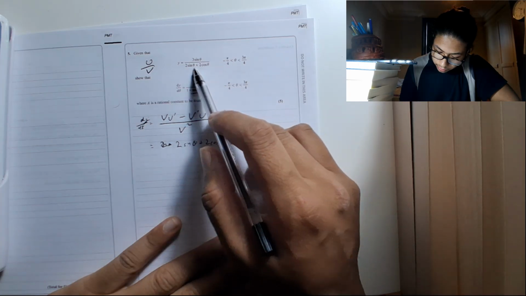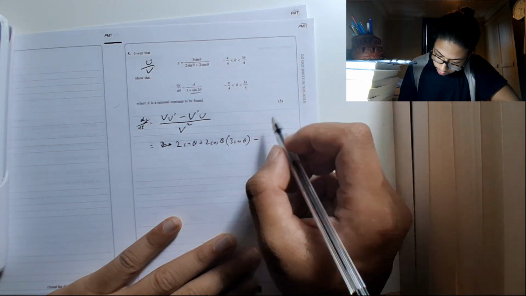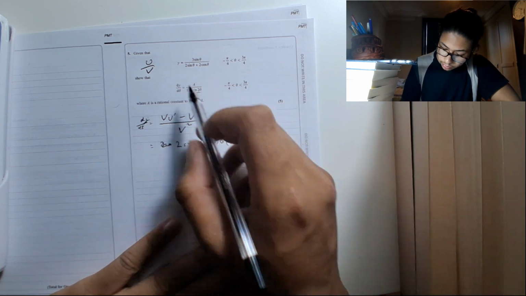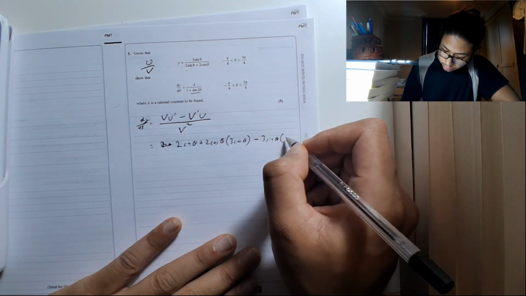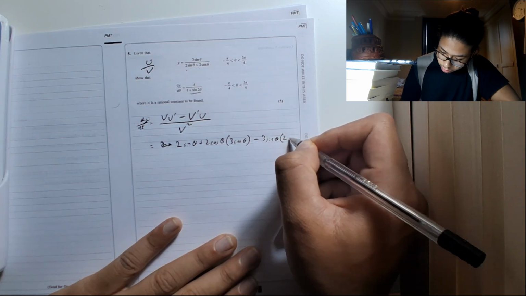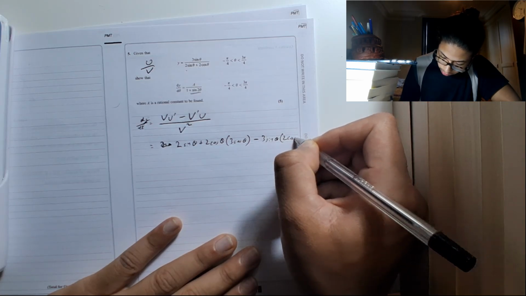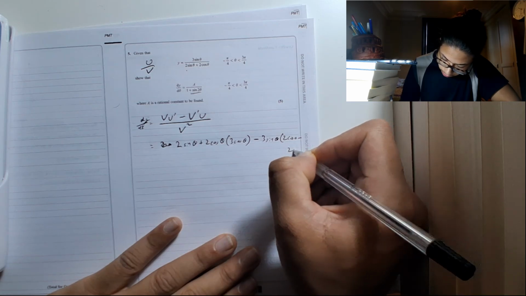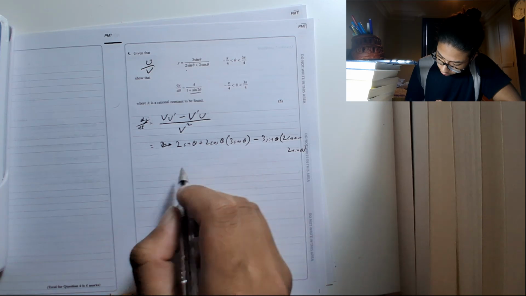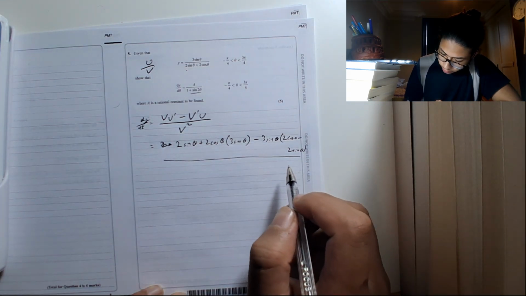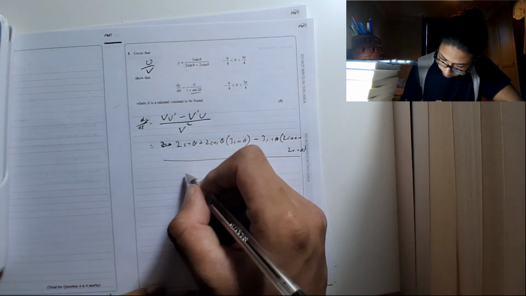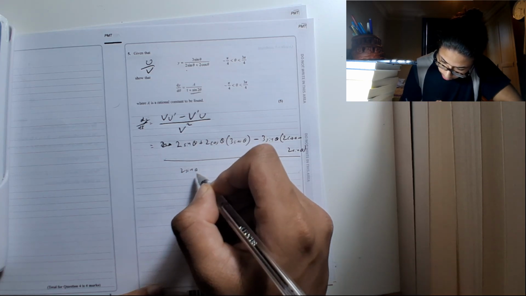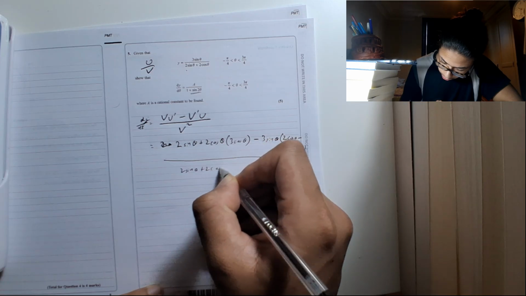Minus the differential of the bottom. So 3 sine theta. The differential of the bottom will become 2 cos theta minus 2 sine, all over 2 sine theta plus 2 cos theta squared.